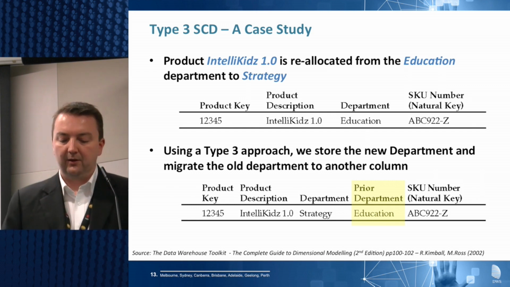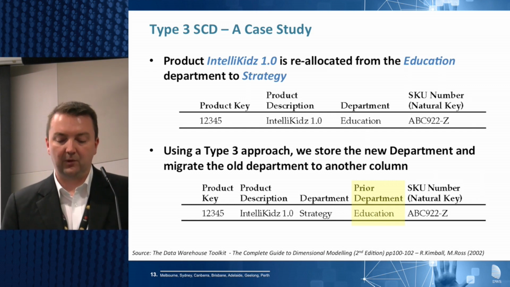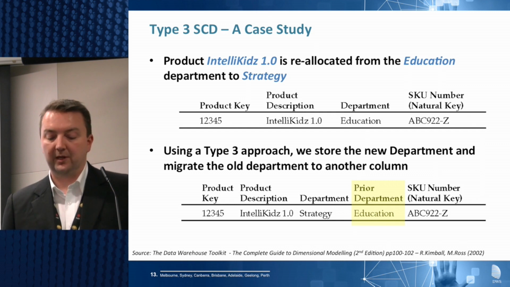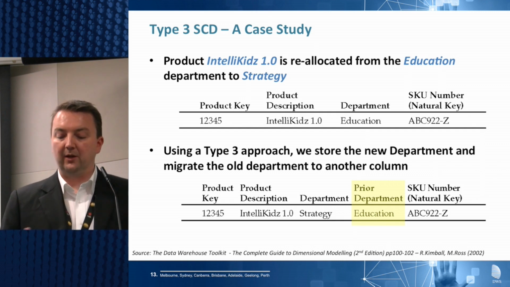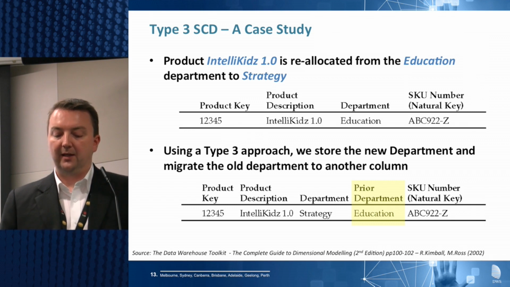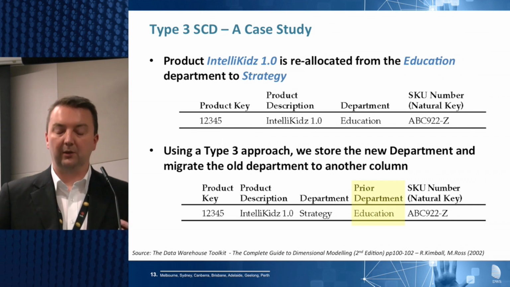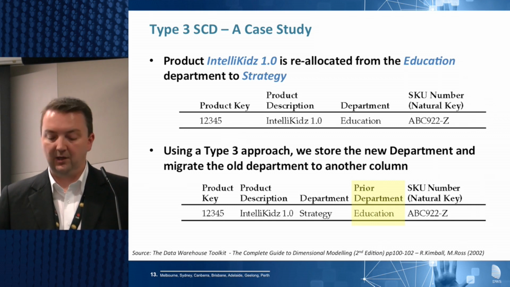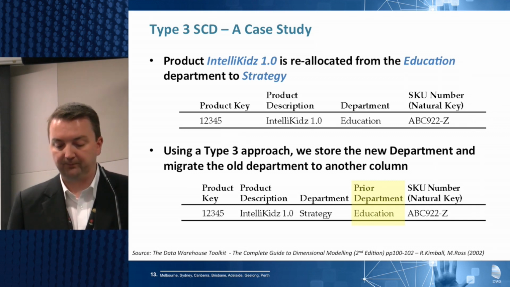So when the new row comes in, the new IntelliKids 1.0 says it now belongs to the strategy department. We take the old department, we move it over to prior department, and then we take the newly arriving department of strategy and put that in the department column.